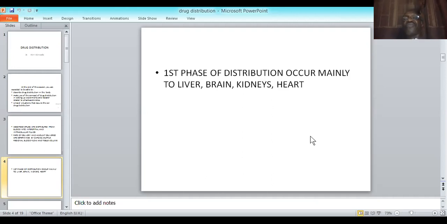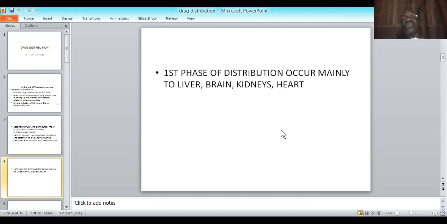That first phase of distribution, which spans the first few seconds, causes drugs to be distributed first, and more rapidly, to organs such as the liver, the brain, the kidneys, the heart. Because these are the first set of organs that blood gets to each time the heart pumps out blood.